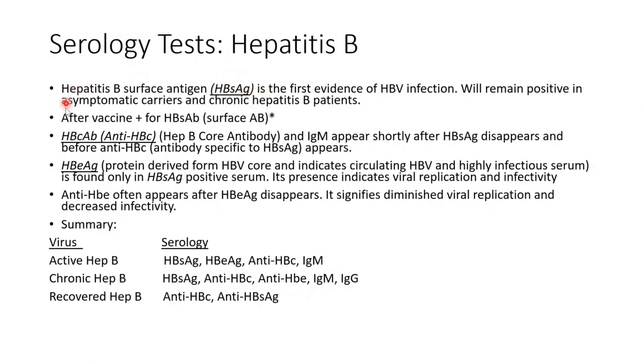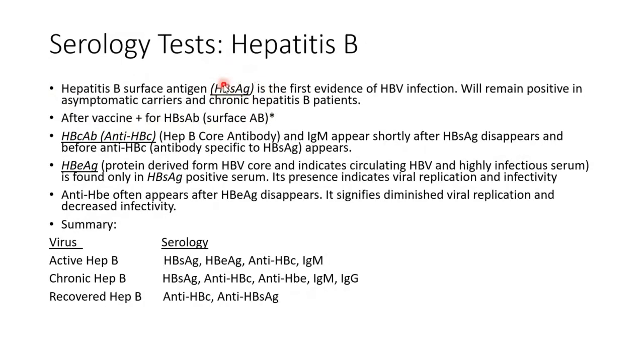So write that down. After somebody has a vaccine, they will be positive for the hepatitis B surface antibody, the antibody against HBsAg. When you get the hepatitis vaccine, your series of 3, they're basically giving you this antigen right here.